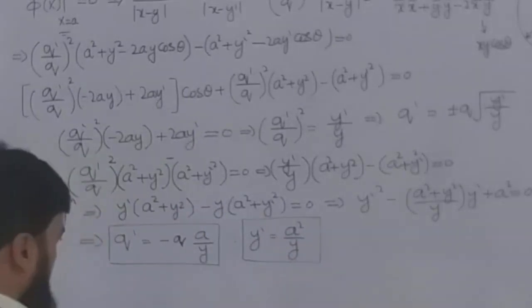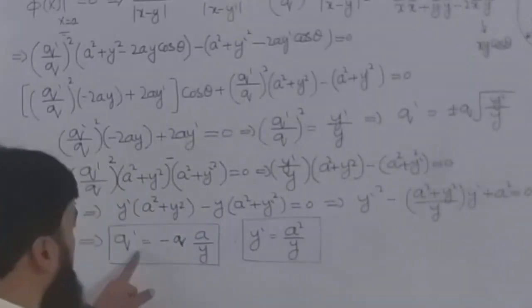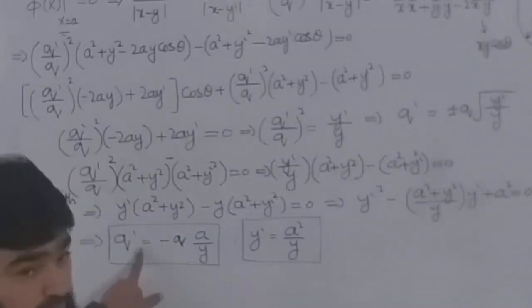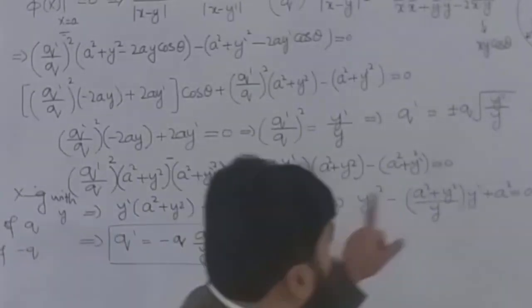So the first is also the same. q prime equals minus q a over y, after you consider q times the square root of y prime upon y. A square over y square. What you will do is put the y prime value there.